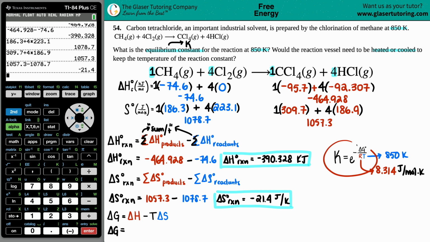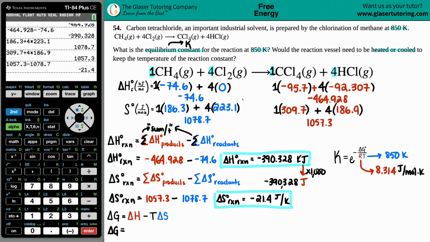Well, remember, go back to the original question, right? If we want to put that delta G in here, the R value says, I need it in joules. So I'm going to convert the kilojoules into joules. And that's okay, right? Kilojoules to joules, you times by 1,000, or just take the decimal and move it to the right 3 spots. So this would be negative 390,328 now.